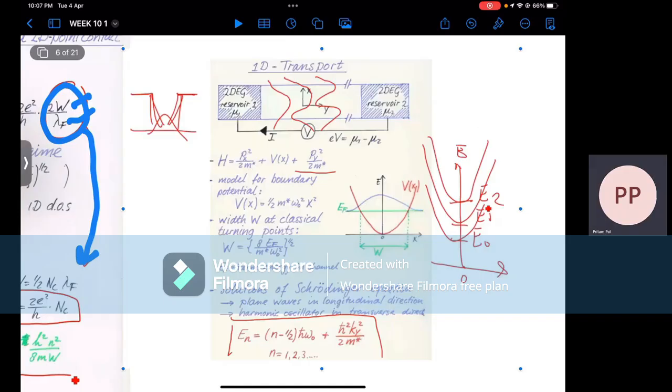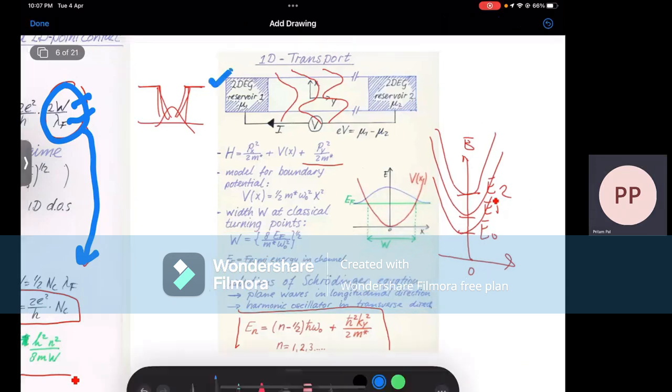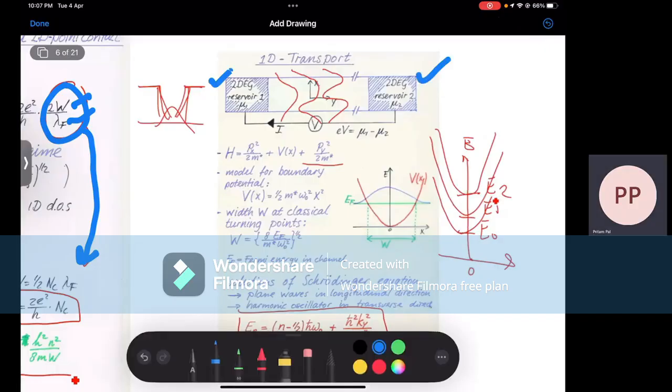Let's make some realistic assumptions here. First, nomenclature: there is a left reservoir and a right reservoir, reservoir one and reservoir two, along the constriction. We apply some source to drain voltage, and we are going to measure and calculate the current going through.